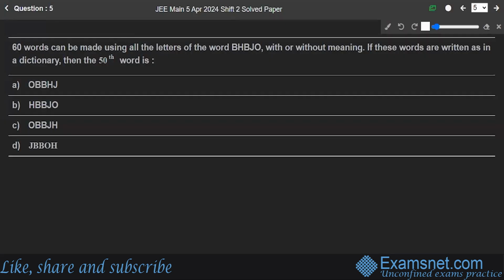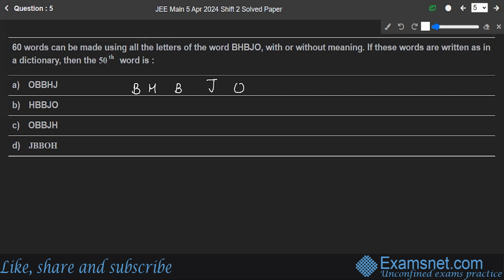Question number 5. 60 words can be made using all the letters from this word, with or without meaning. If these words are written as in a dictionary, then the 50th word is, okay, you have this BHBJO.